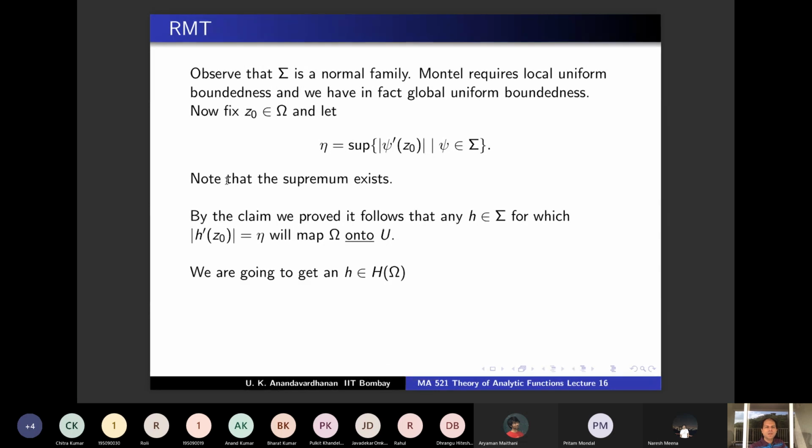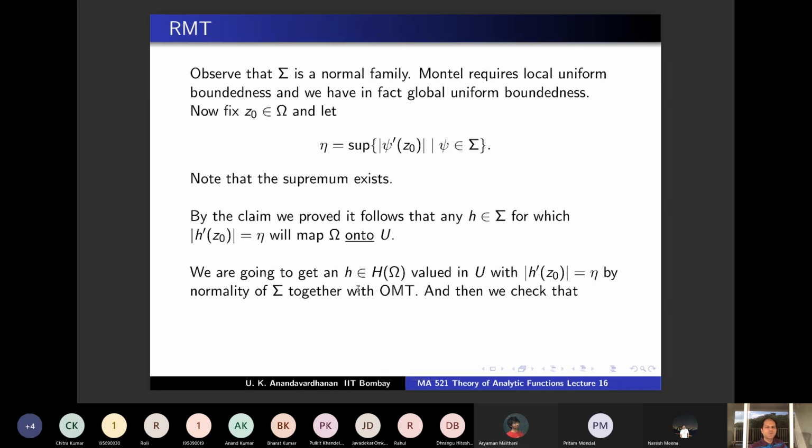So this is what we will do. We are going to get an h, holomorphic on omega valued in u, with modulus of h prime z0 equal to eta, and here we have to use Montel's theorem in order to construct such an h. We will also use OMT once again. But while doing that construction, we might have possibly lost one-to-oneness.